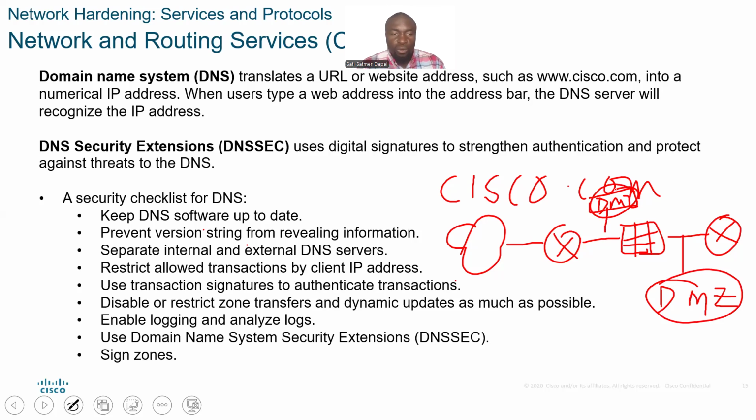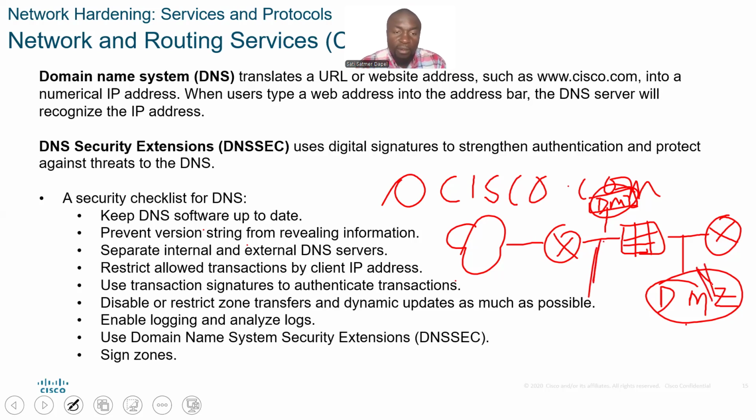All right. So when they say separate your local DNS from your public DNS, this will be like your local DNS, and then your public DNS may be in the cloud. But if you don't want to have your public DNS in the cloud, then your public DNS may be here, and your local DNS may be here. Right?